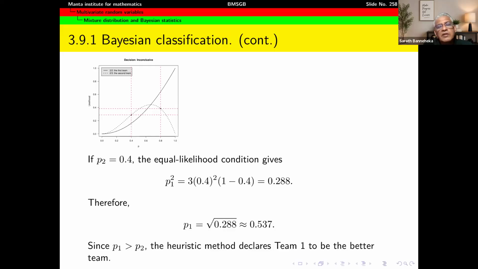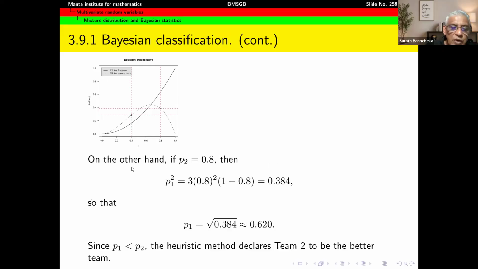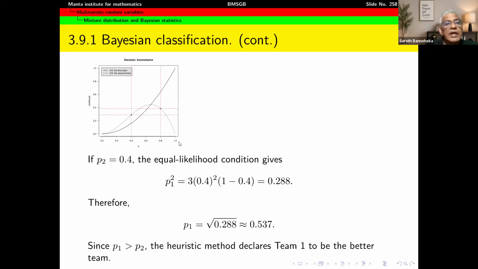So let us take, for example, P2 equal to 0.4. I will look at the likelihood L2, which is given by this dashed line. So L2 when P is equal to 0.4 is this value. So what is the value of P1 where L1 has the same value? That value is somewhere here, if you draw a horizontal line.